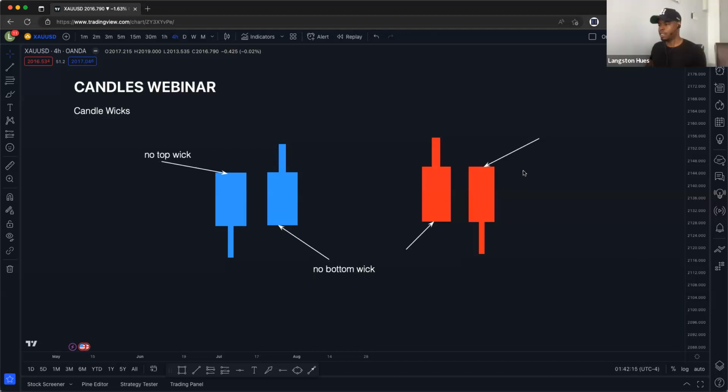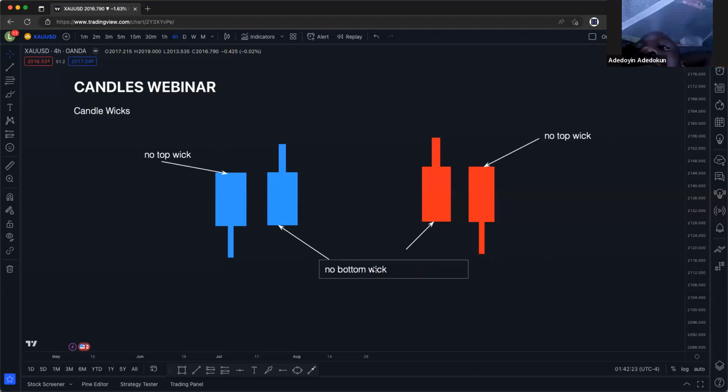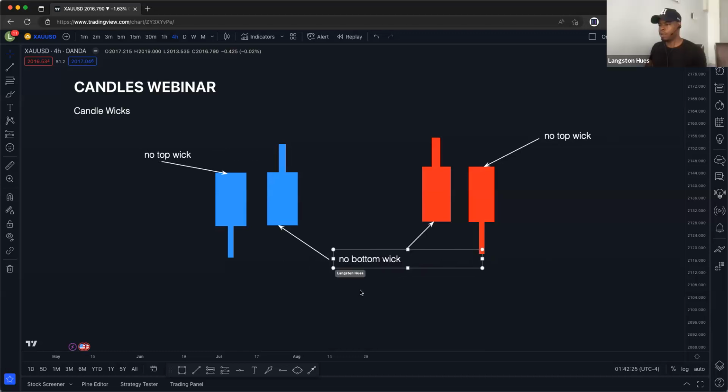These ones are actually the same, so we'll just put this one here. Both of these have no bottom wick, right?